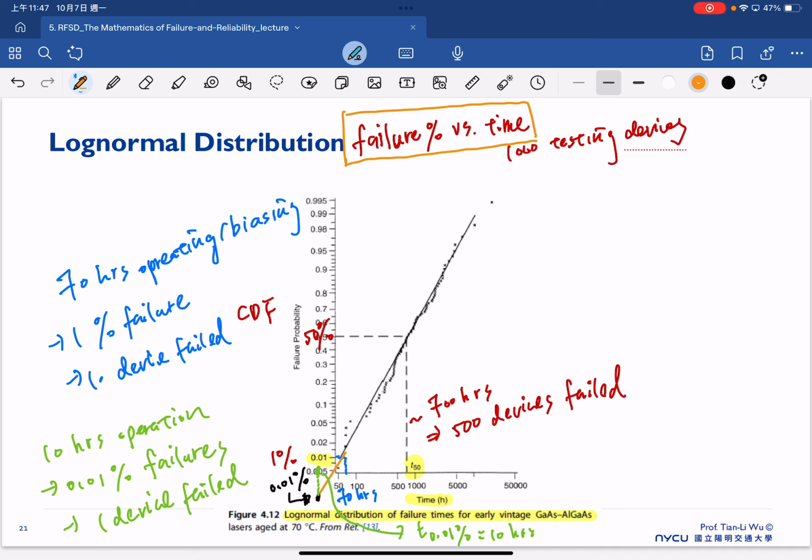So that's a very general scope of why everyone in the reliability field always ends up employing the log normal distribution, or later on the Weibull distribution. It's always based on the same motivation.